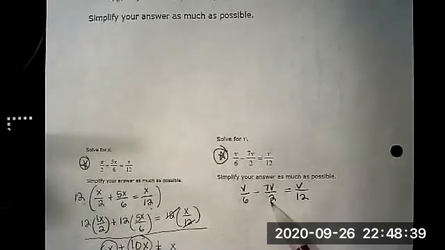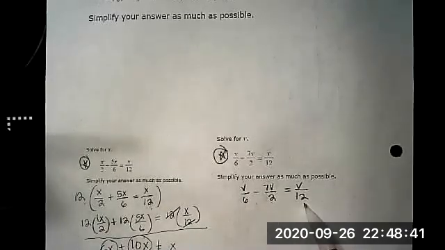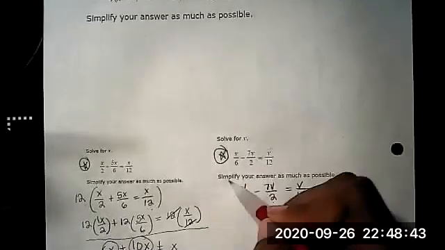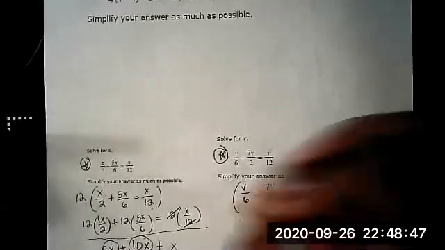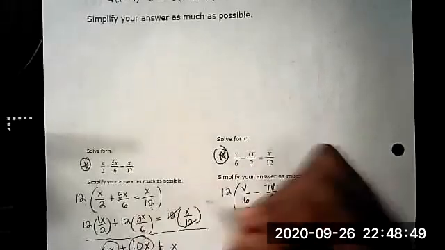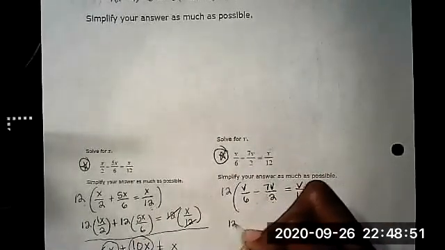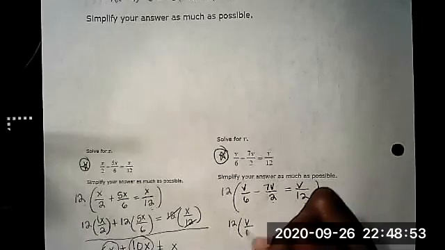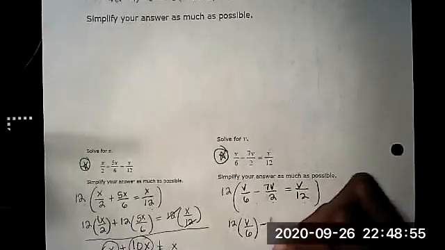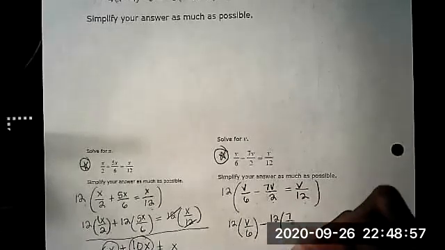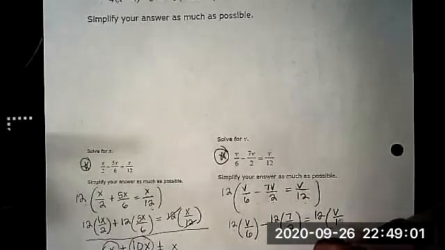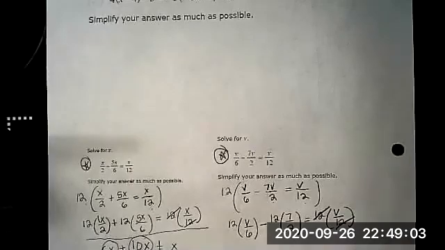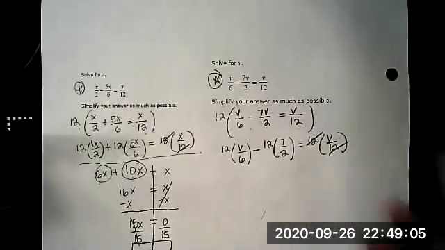We have the 6, the 2, and the 12. What is your greatest common factor there? Okay, it looks like it's 12. Same numbers. So it's going to be 12 times this, and then 12 times this, and then 12 times this. And we know that those will cancel out, okay?